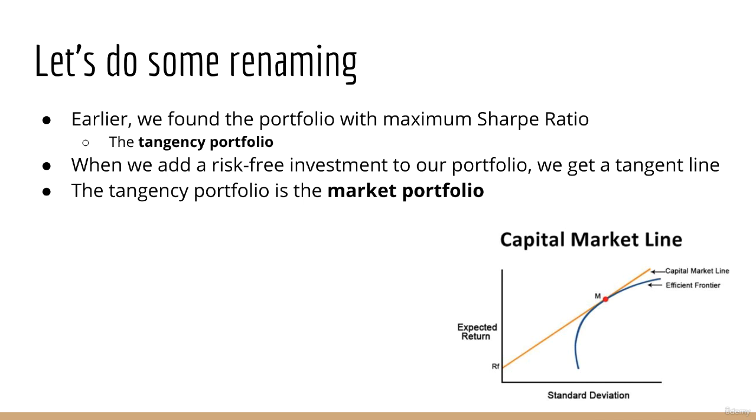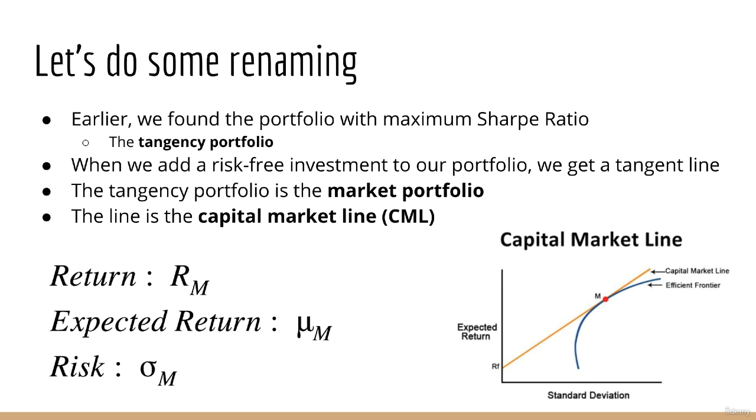The tangency portfolio is called the market portfolio. Furthermore, this line is called the capital market line, or the CML. When we talk about the market portfolio, we say that it has return R sub m. The expected return is therefore mu sub m, and its corresponding risk is sigma sub m. So again, all we've done is rename the variables.